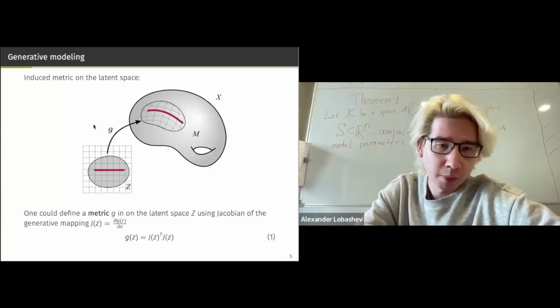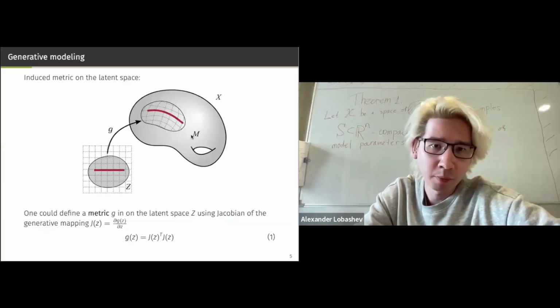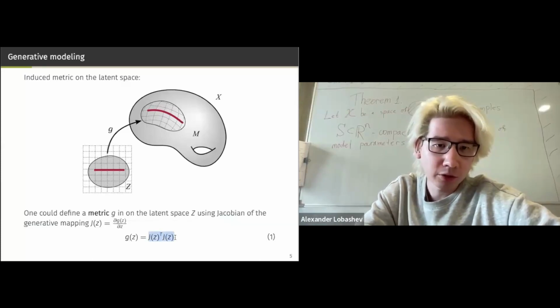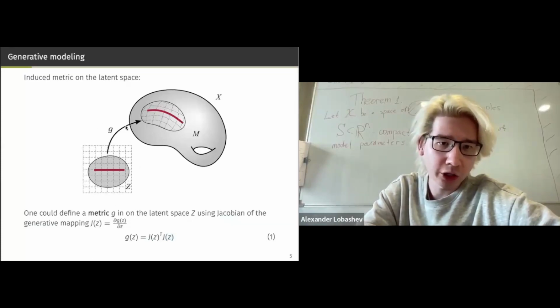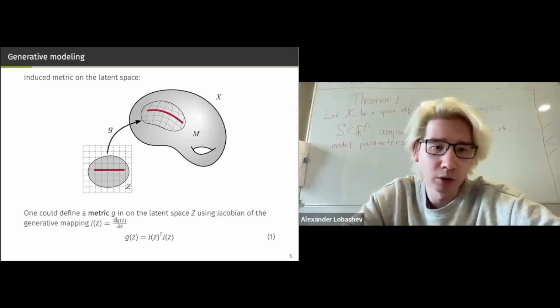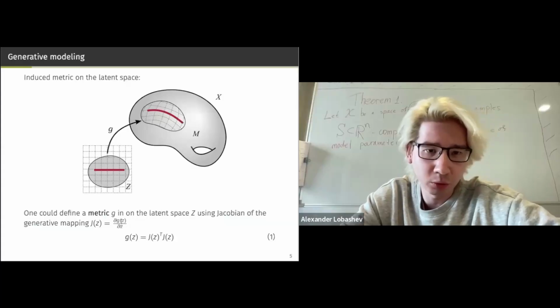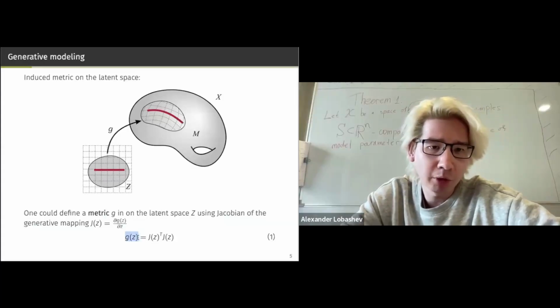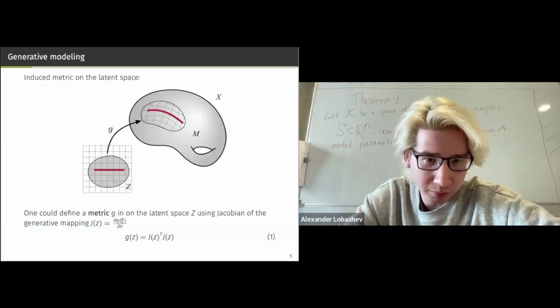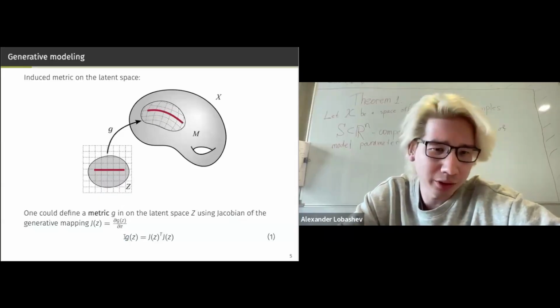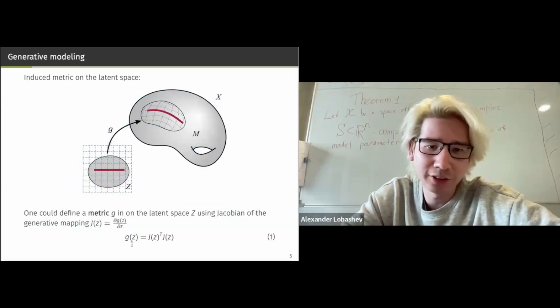Then if we have this generator, we could define a metric on the space of images, on this manifold M, by just using the Jacobian of our generative mapping. Our generative mapping is a function from Z to X, and the Jacobian is just the derivative of the generative mapping with respect to the latent variable Z. I have some not good notation here, because this is the metric and this G is the generative mapping.